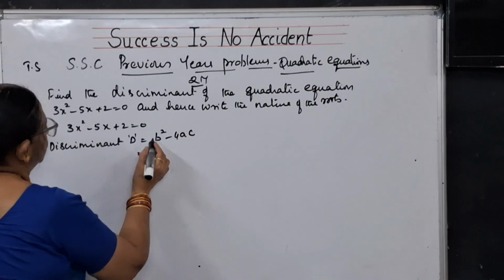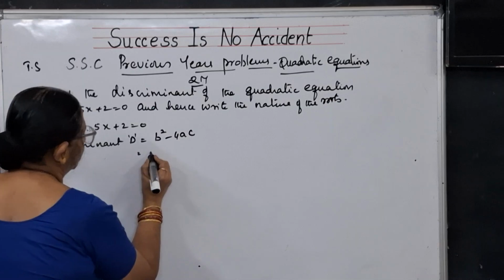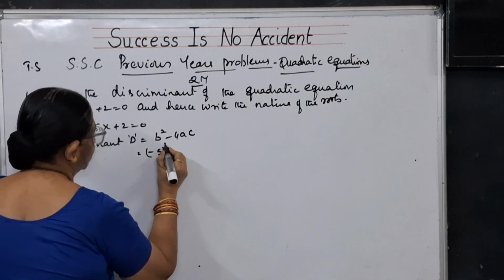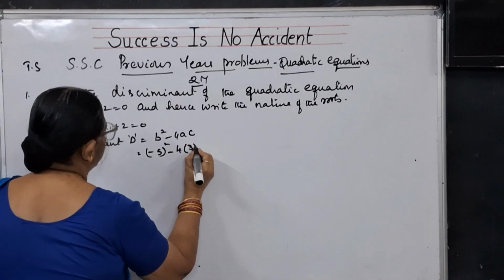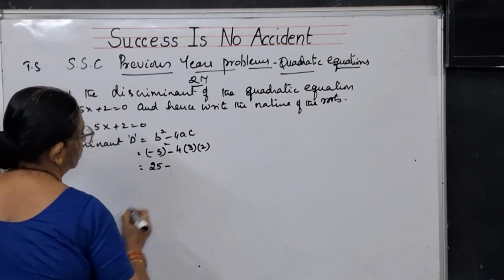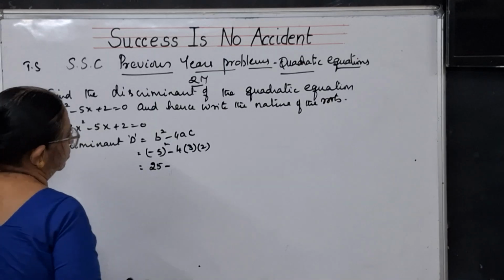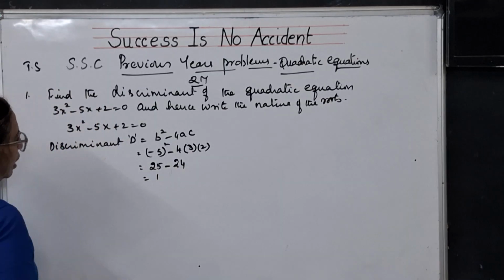So b is minus 5. Along with the sign you have to take minus 5 whole square minus 4 into a is 3 into c is 2. That is 25 minus 4 3s are 12, 12 2s are 24. So you are getting discriminant as 1.